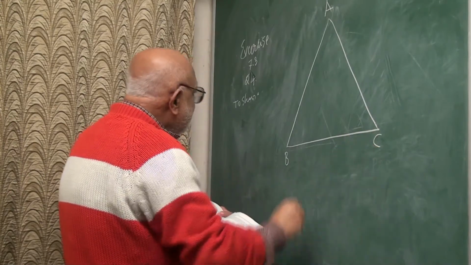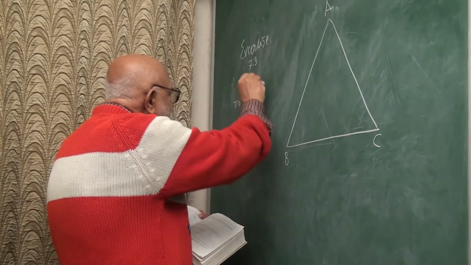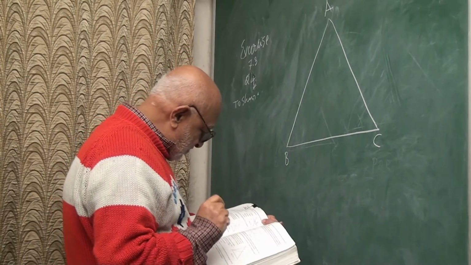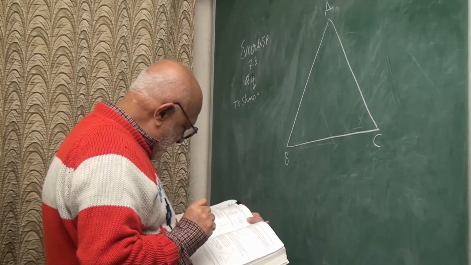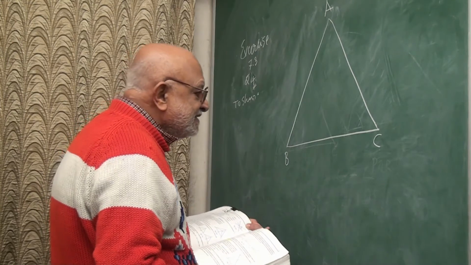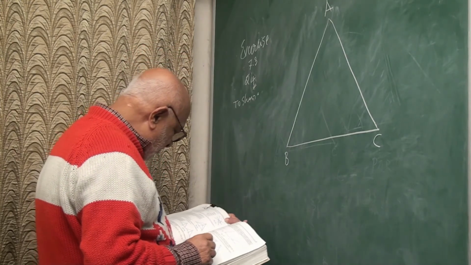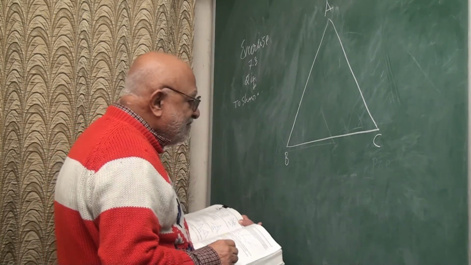For question number 4, it doesn't give a figure, so you have to draw the figure. It says BE and CF are two equal altitudes of triangle ABC.